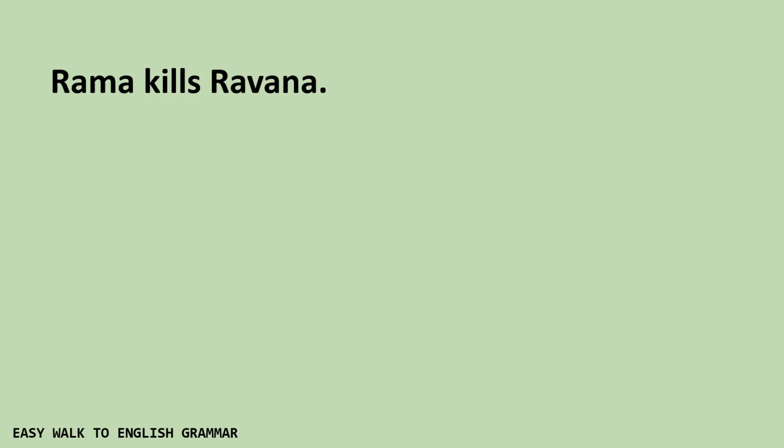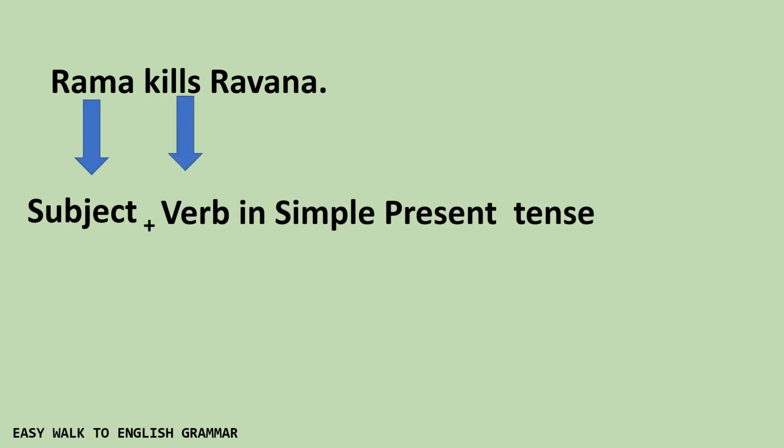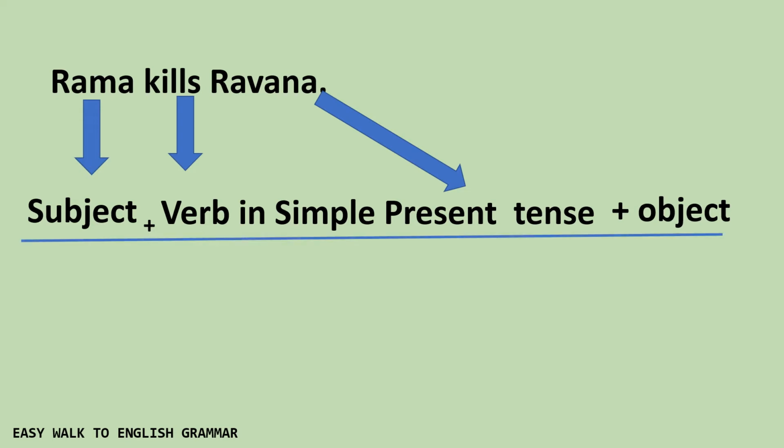Here, Rama kills Ravana. And we know Rama is the subject, kills is the verb in simple present tense, and Ravana is the object. This is the active voice format of this sentence.